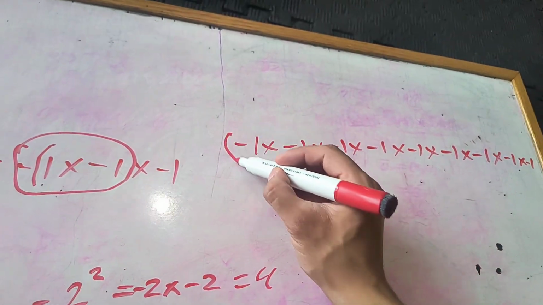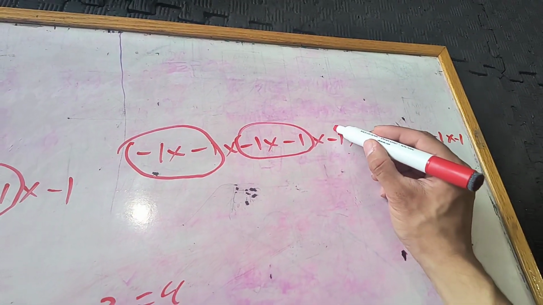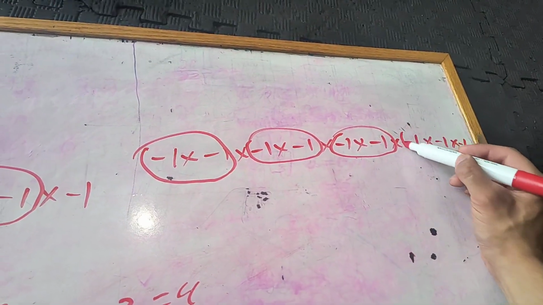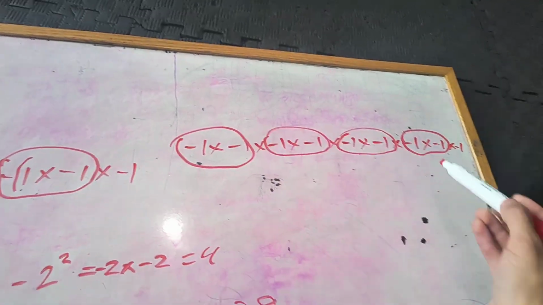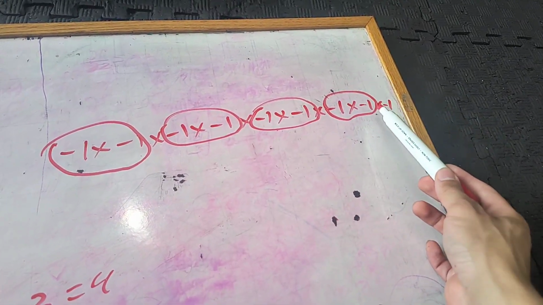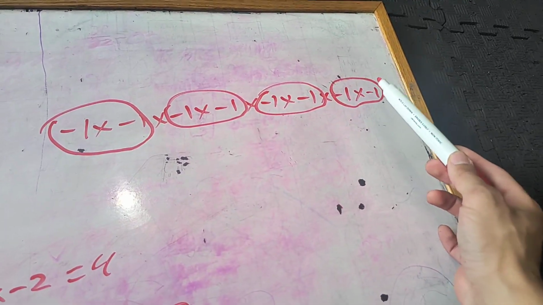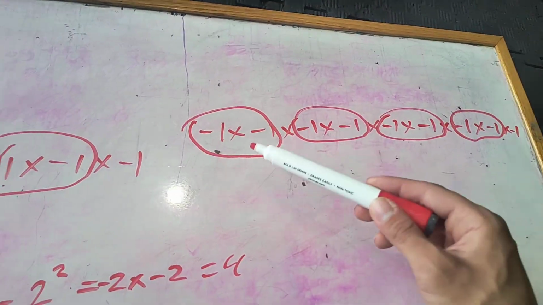If I have 9 negative ones, I can make a pair of 2 right here, right here, right here, and right here. But then there's 1 left over. So all of these pairs will be positive, but then they're going to be multiplied against this one, and this number is going to be negative.